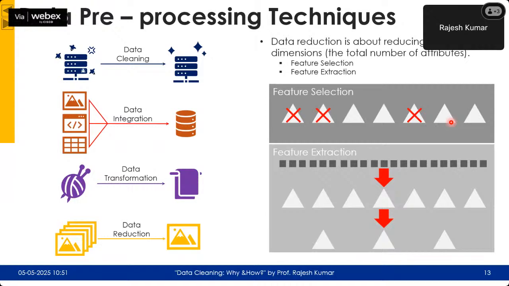So how to find out which data are more important or have more impact? All those things come under this, because if you have a large number of features, your model will be more complex, and you'll find that many of those features are not that important. You can remove them. So there we go for feature reduction, data reduction, and there are two parts in that. One is feature selection and the other is feature extraction.